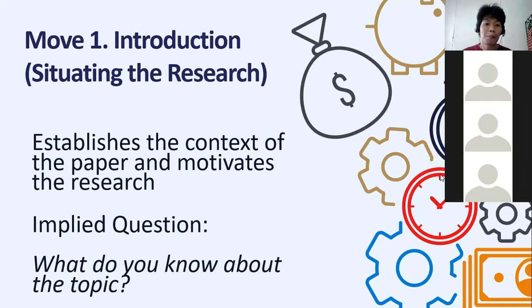You need to provide a short rationale of your paper. What prompted you to conduct this study? What's your observation? What have you noticed in the context or in the situation that is related to your study? So you need to answer this implied question.